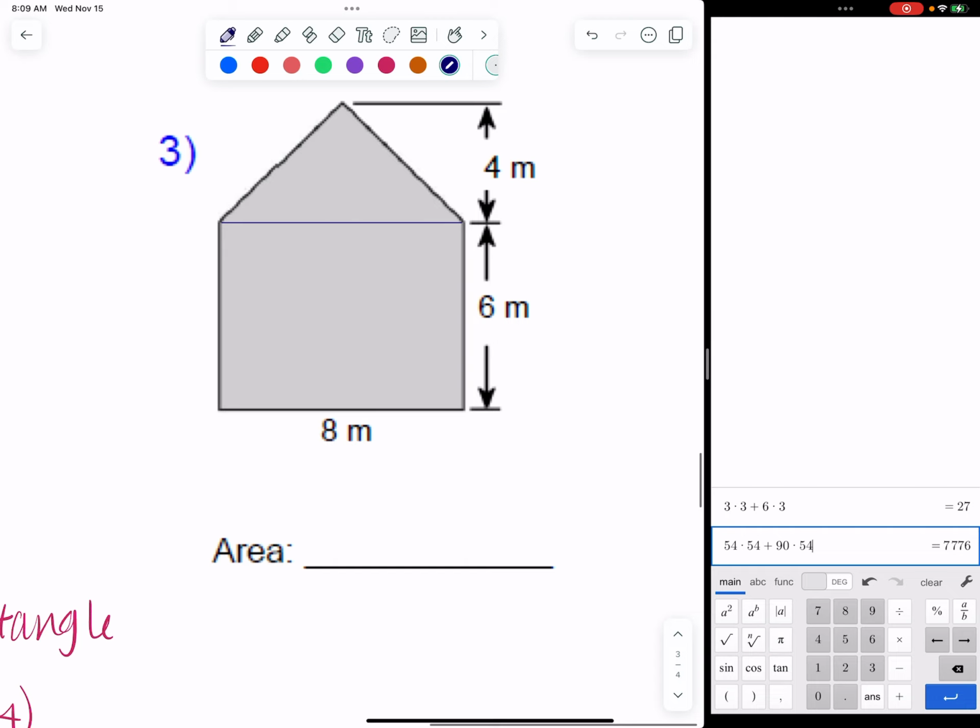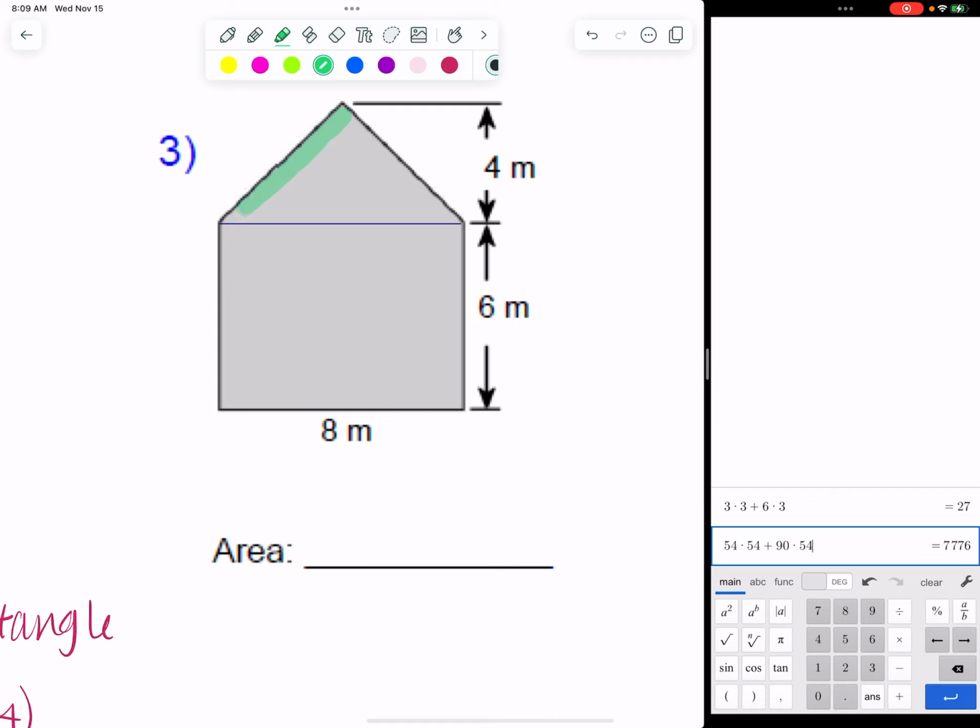The last one, you easily could cut it down the middle and treat it like 2 trapezoids. Totally possible. But that trapezoid formula isn't pretty. I would rather cut it right here and use the triangle and the rectangle.